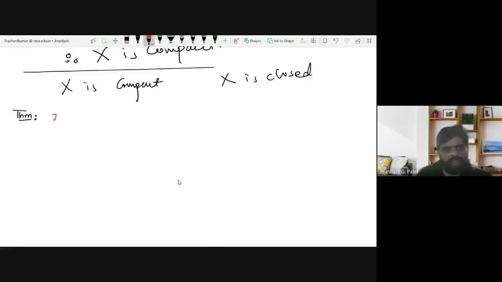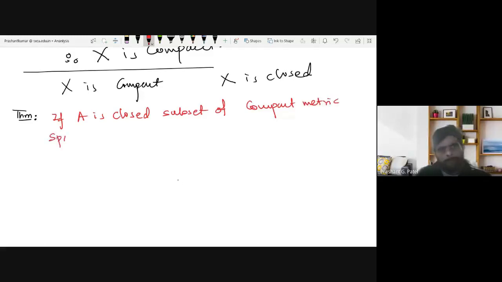If A is a closed subset of a compact metric space (X, d), then prove that A is compact.